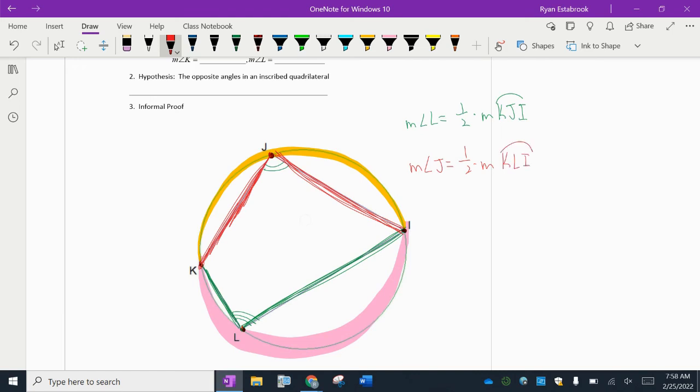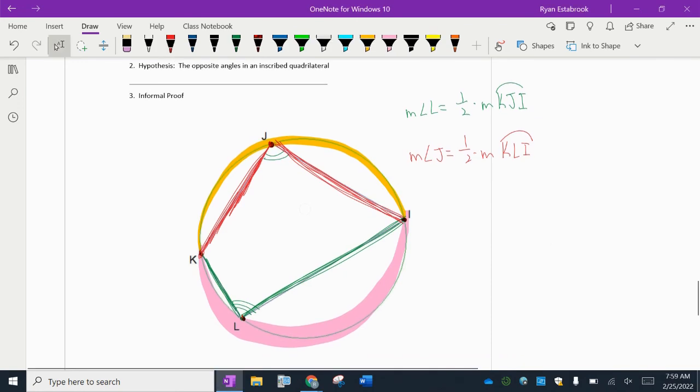So both of these two equations I have right now are because these are inscribed angles. Notice I took the two angles that are opposite of each other, not any two angles that are adjacent, but I'm taking these opposite angles and I'm looking at how they're related to the entire circle. And together, orange plus pink make up the entire circle.